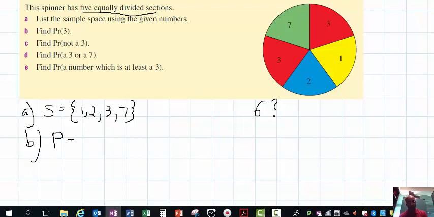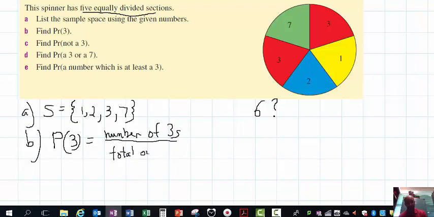Probability of getting a 3. So we write probability of getting a 3. Probability of getting a 3 is the number of 3s over the total number of outcomes.